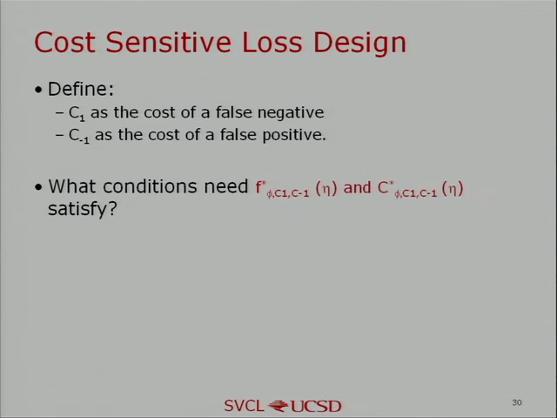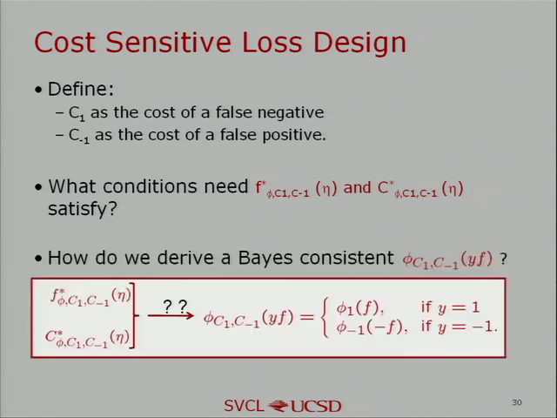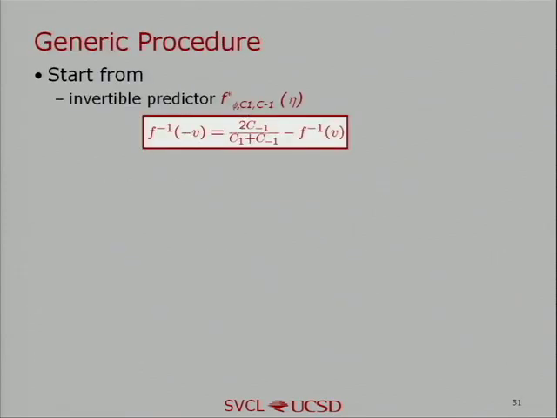And we'd like to ask what conditions our choice of F star and C star now need to satisfy, such that we have a cost-sensitive loss that's also Bayes consistent. So generally we would have a loss phi1 assigned to the positive class and the loss phi negative 1 assigned to the negative class, but we'd still want to conserve Bayes consistency.